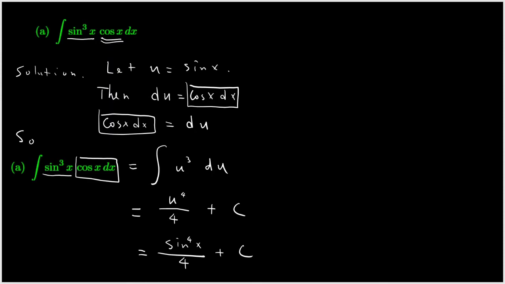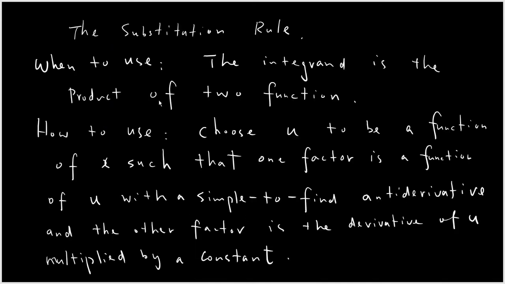I told you earlier, essentially all the questions are the same, as long as you can choose u properly. The key is how to choose u. I want to repeat, the key is how to choose u. The condition is that the integrand is the product of two functions.